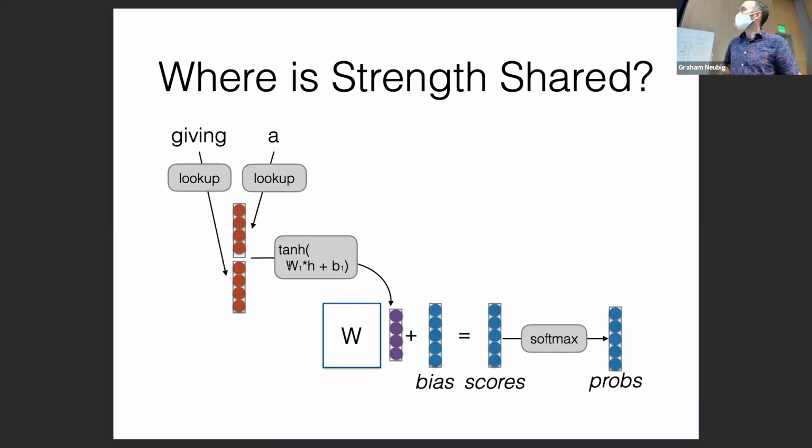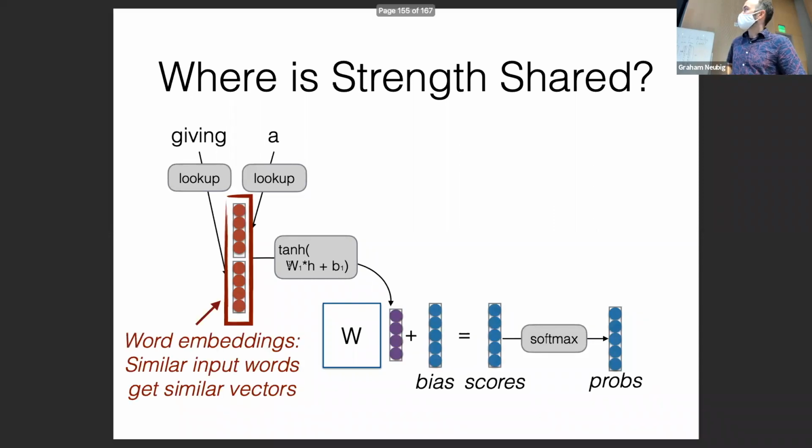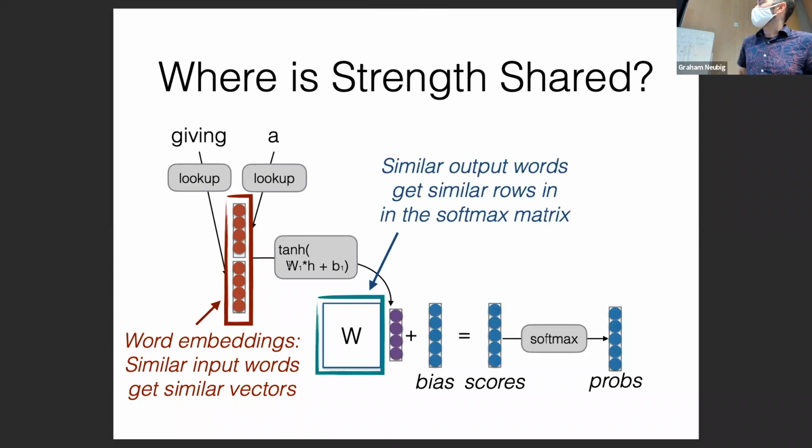clear. But basically, this allows you to have similar input words get similar vectors. As I mentioned before, for example, if it's an article, you could get a similar vector for all articles. Also, words that are similar on the output side, you could give them similar vectors.